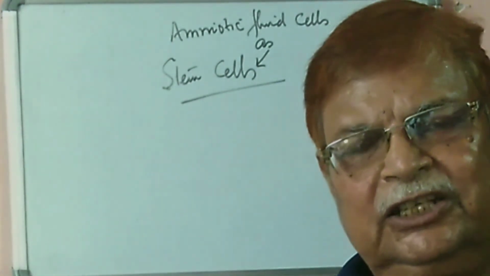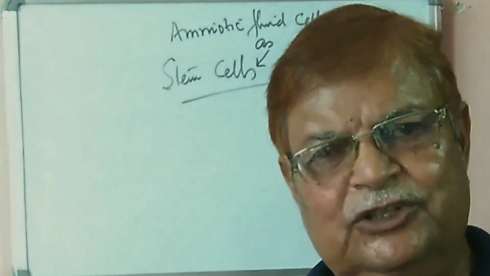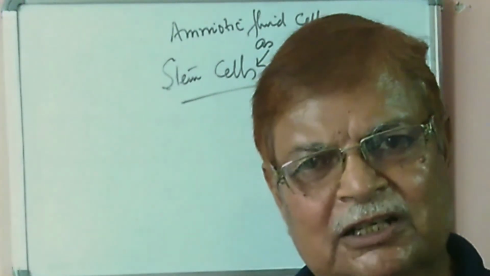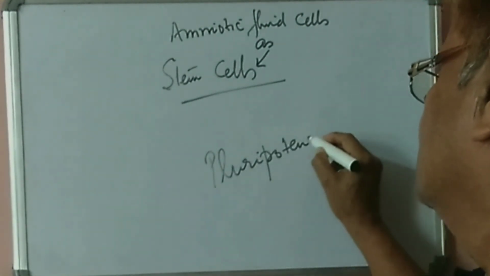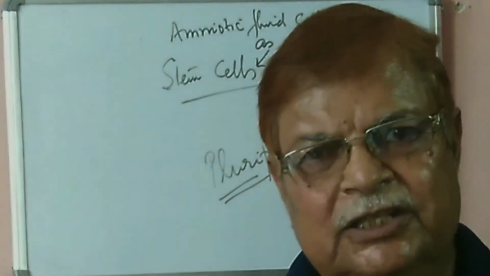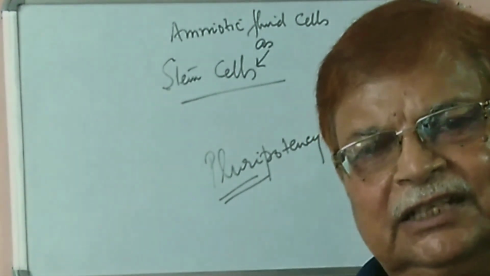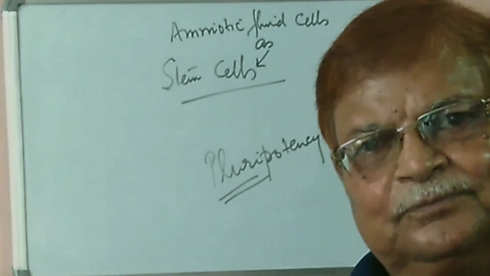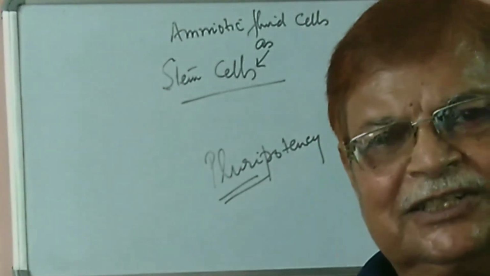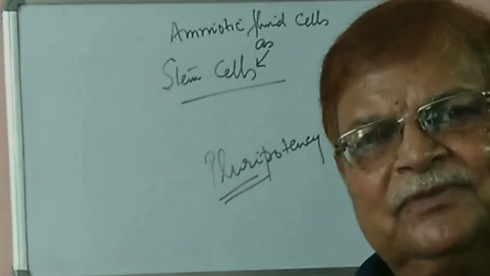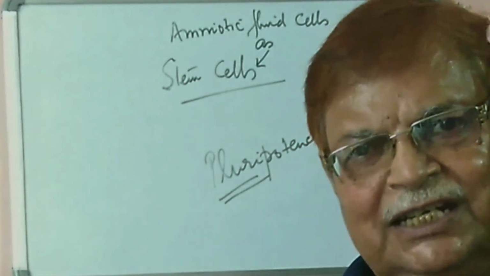Nowadays, these cells present in the amniotic fluid are also considered to be stem cells because they have got pluripotency, and that is the feature of a stem cell, that if given proper and desired environment for the growth and differentiation of the cells, pluripotent cells, then they can develop into desired cells of specific organ, like neuronal cells and hepatocytes and others.